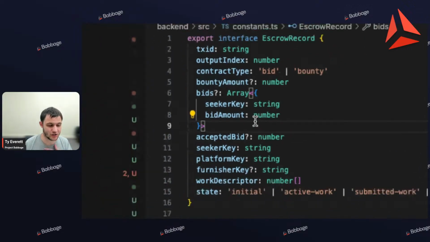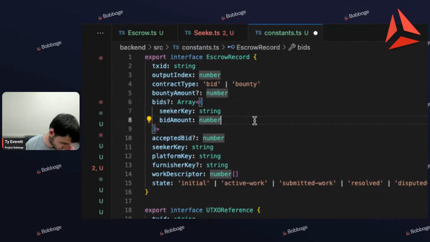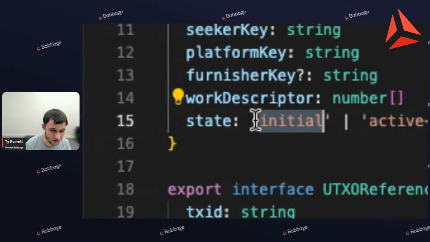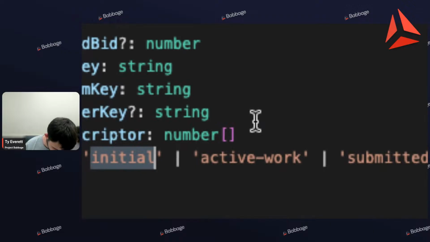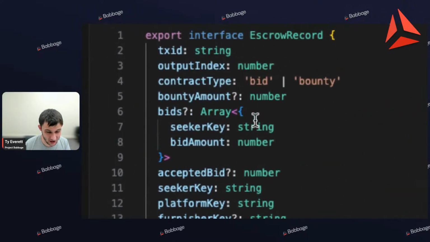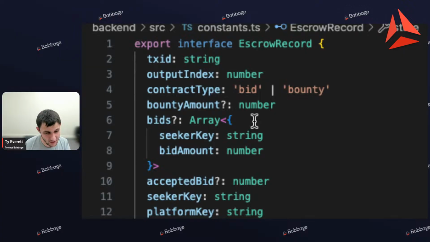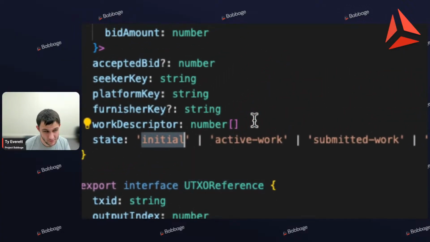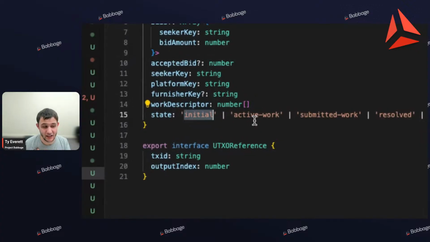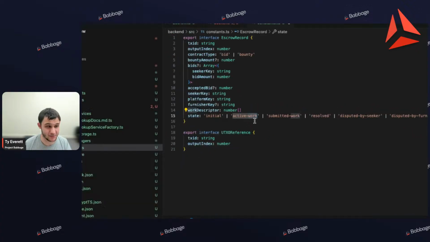Accepted bid could be tracked as well. So for type bid, initial is here with 1 Satoshi in the contract, so very small. But then people can bid, and then it only goes to active work when somebody accepts a bid.